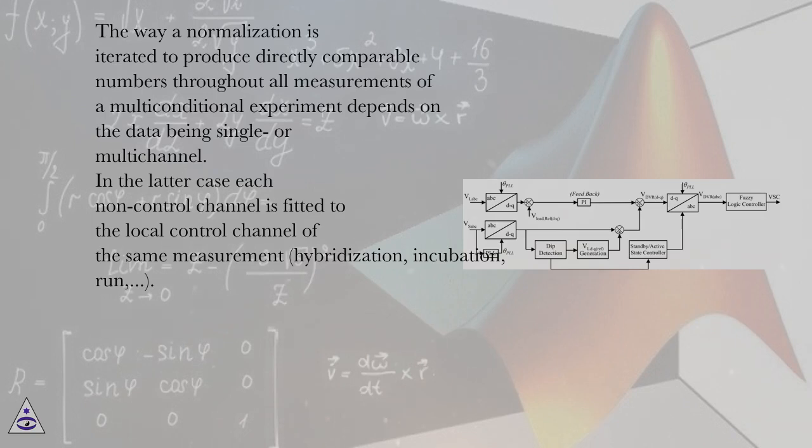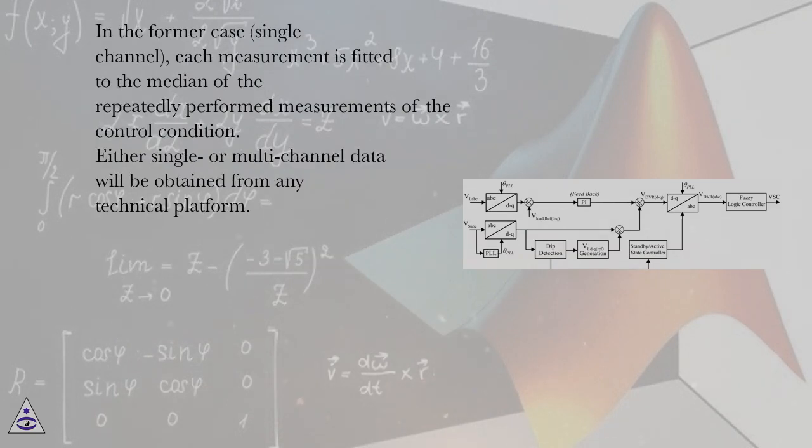The way a normalization is iterated to produce directly comparable numbers throughout all measurements of a multi-conditional experiment depends on the data being single or multi-channel. In the latter case, each non-control channel is fitted to the local control channel of the same measurement, hybridization, incubation, run. In the former case, single channel, each measurement is fitted to the median of the repeatedly performed measurements of the control condition.